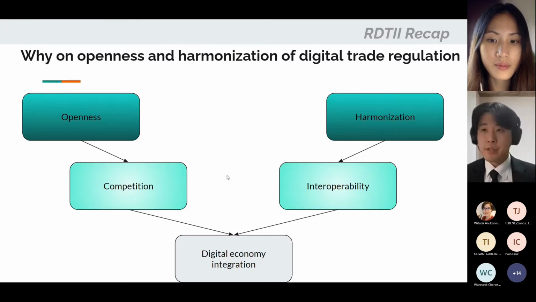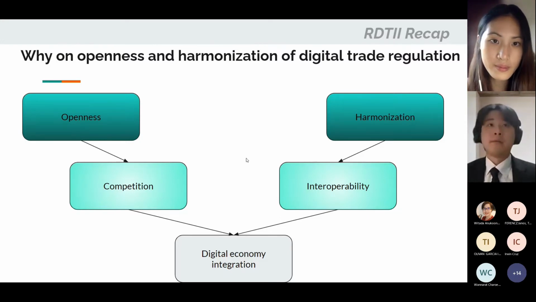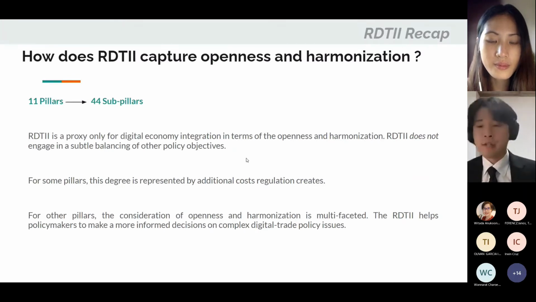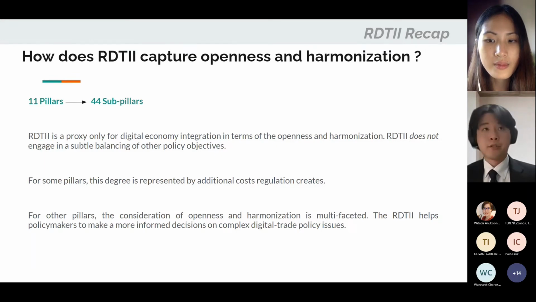And with the increased interoperability, there will be greater digital economy integration. So then the next question would be, how does RDTII capture openness and harmonization? We capture these two concepts by looking at 11 thematic pillars.